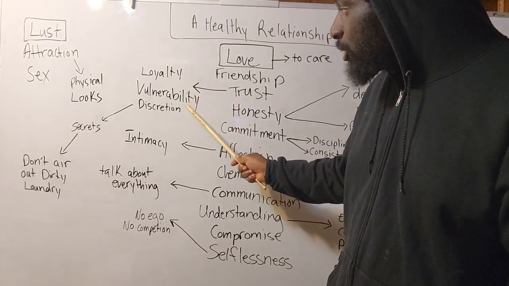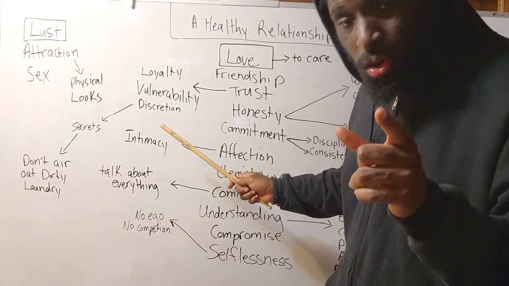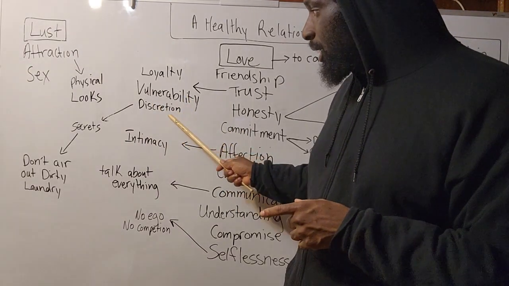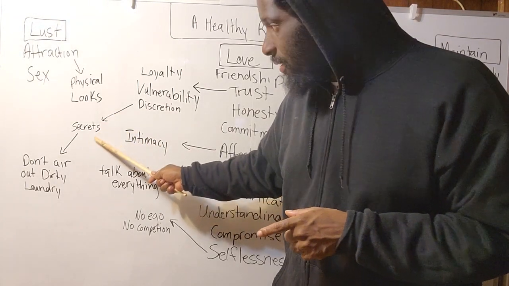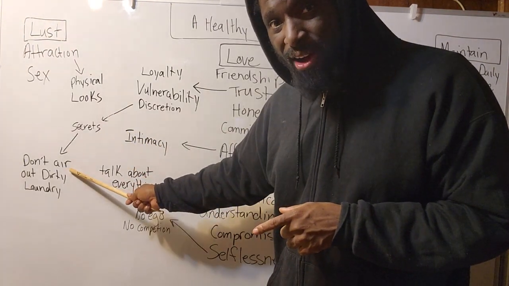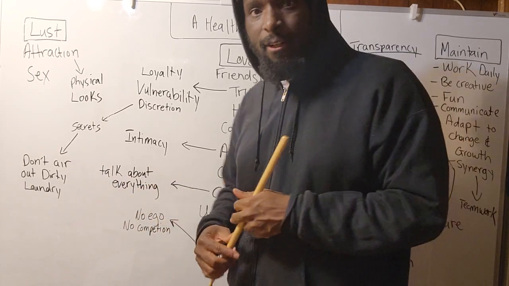The third part about trust is discretion, and notice the arrow for discretion goes to secrets and don't air out your dirty laundry.